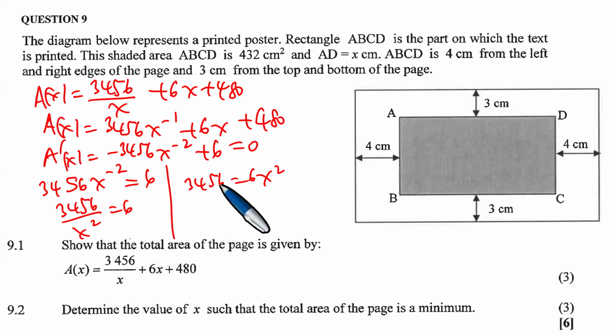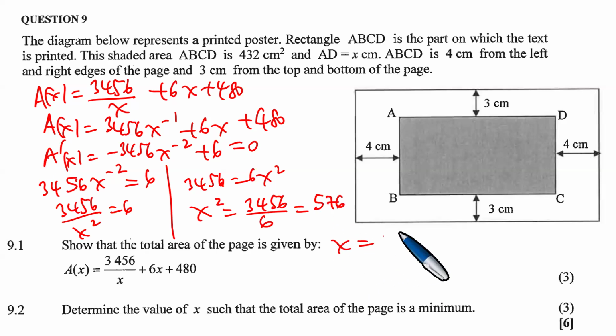We want to solve for x squared here. You need to divide through by 6, getting exactly x squared equals 3456 divided by 6. And if you divide, you get 576. Check this.